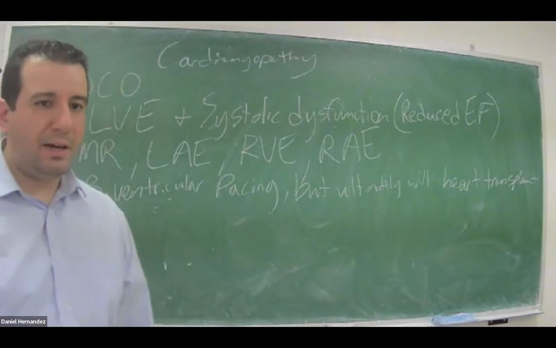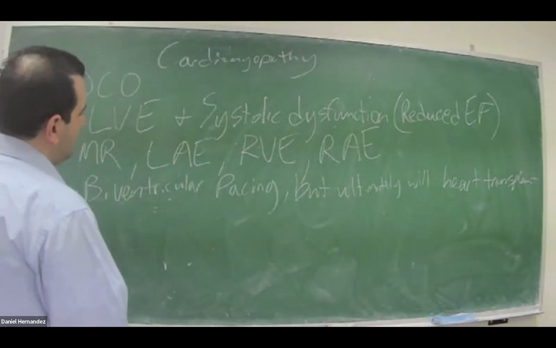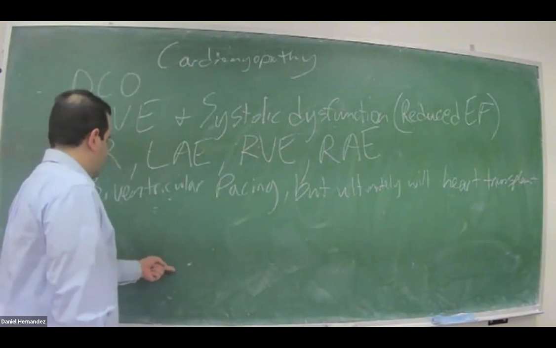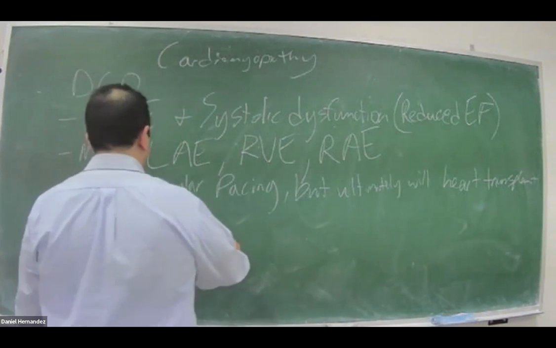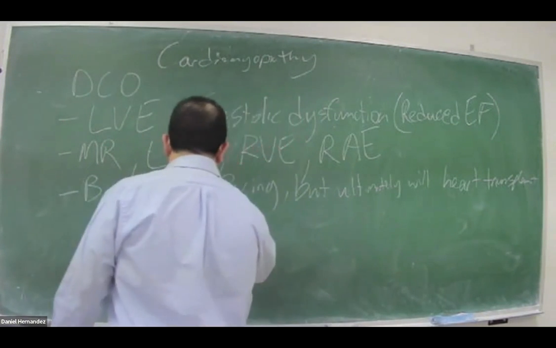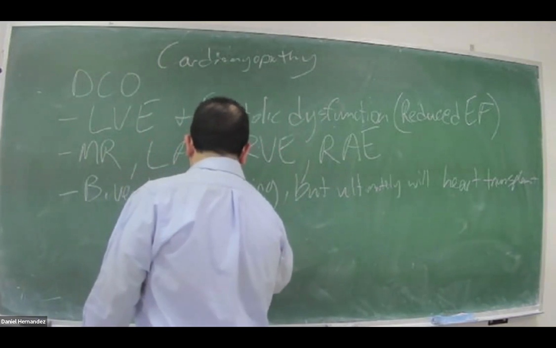Because this patient has a reduced ejection fraction, on our aortic valve M mode we could potentially see early closure of the aortic valve.